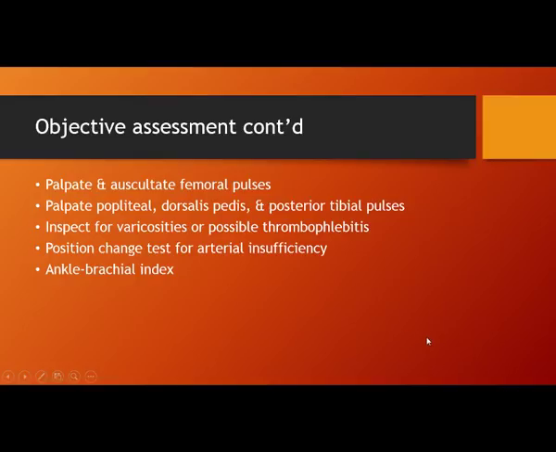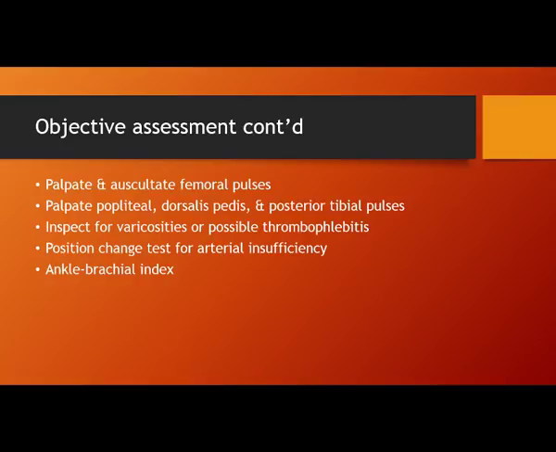Now, next you're going to palpate the femoral pulse, and you'll want to auscultate here to see if you hear a bruit. Then we'll also palpate the popliteal, which, remember, is behind the knee, in that fold where the legs fold.